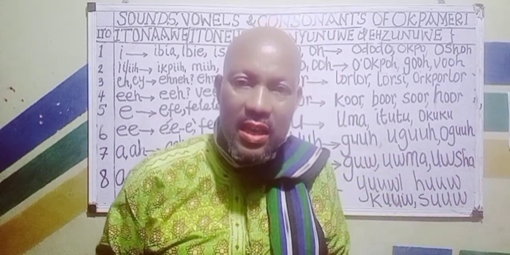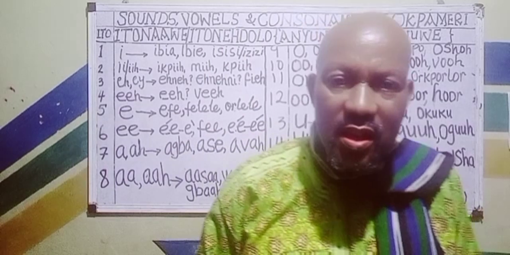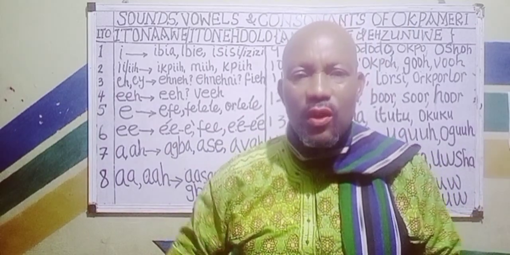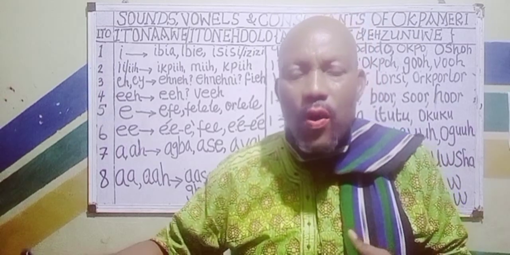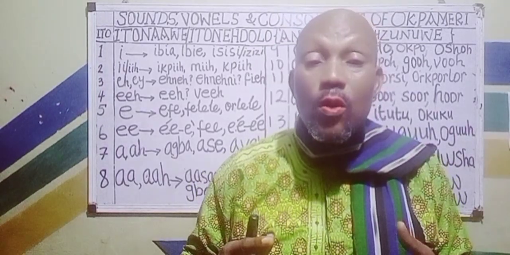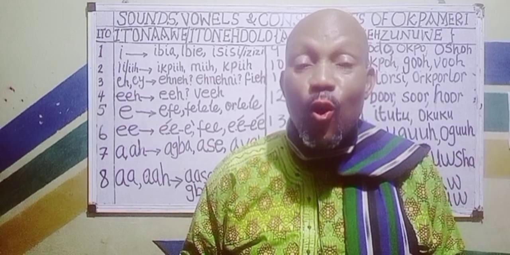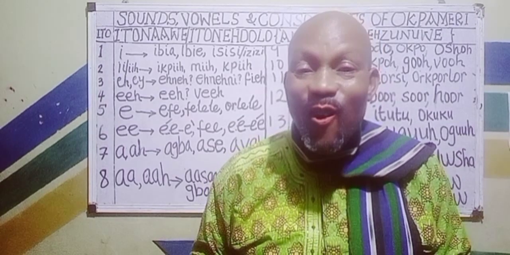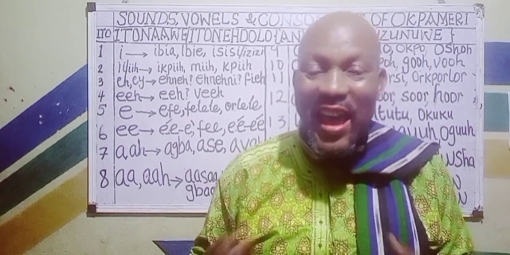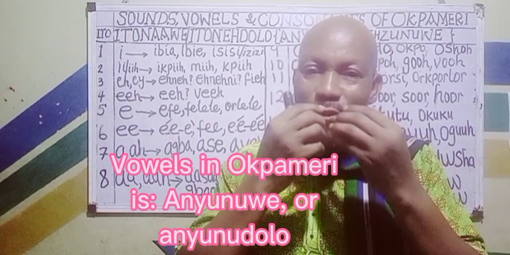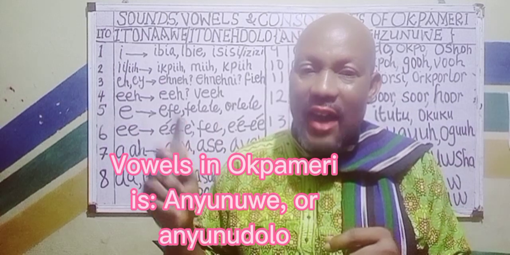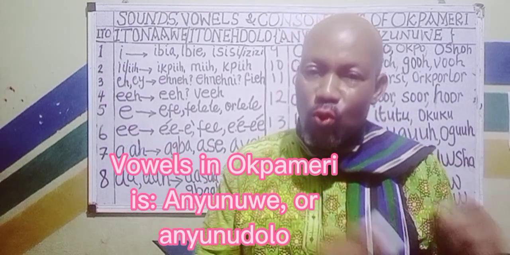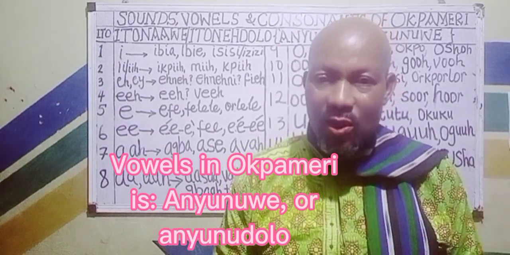Sounds like E, you would have heard of A, or if it is longer, you would have U, or O, or A, or E. All these ones, and Anyunue, that is opening your mouth to say them, is called Anyunue or Anyunudolo, meaning vowels.